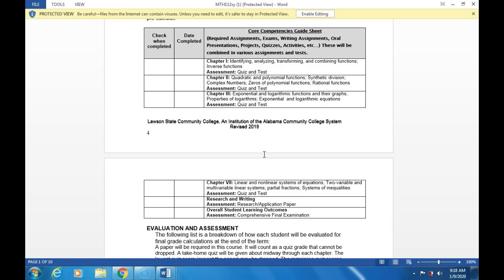Okay? Chapter 1, identifying, analyzing, transforming, combining functions and inverse functions. Okay. Remember I said 1.4 to 1.9. 1.4 to 1.6, we'll do that far, then I'll give you a take-home quiz. Usually 1 page, around 10 questions, something like that. Those 3 sections, the first half of the chapter.